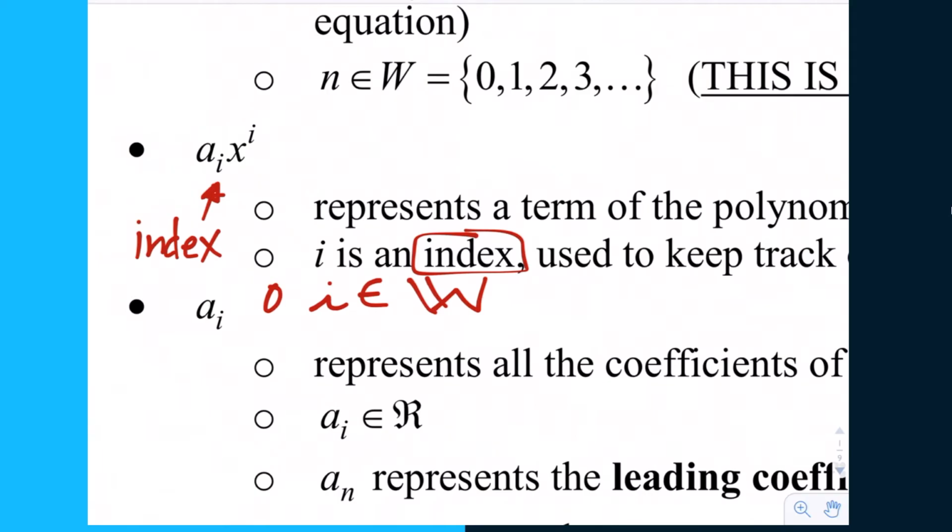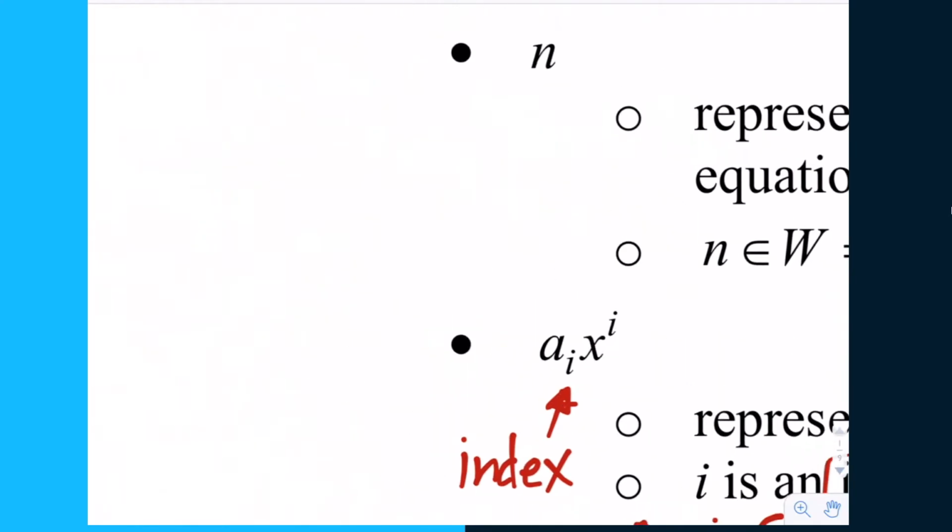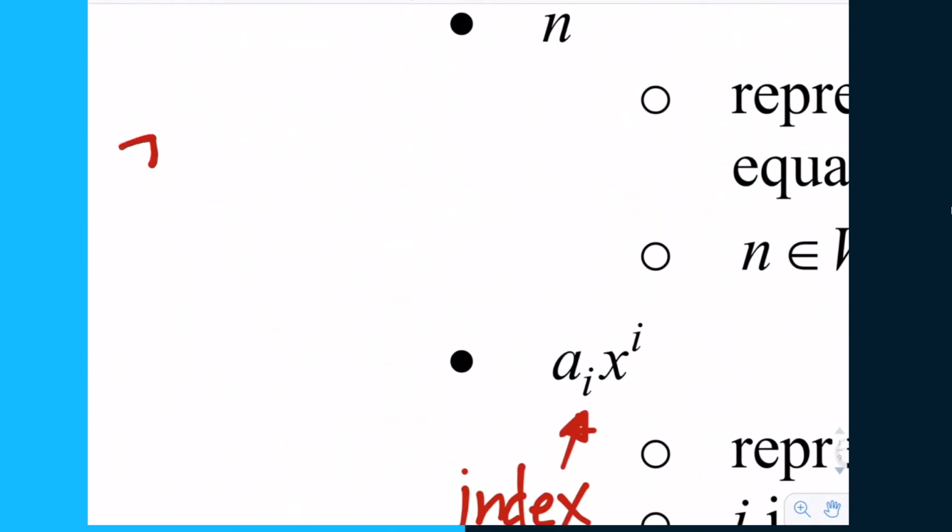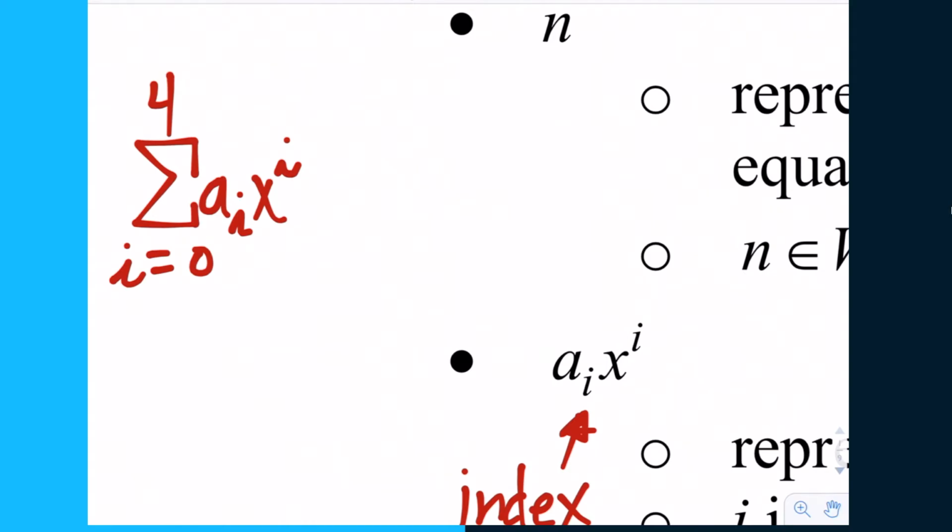Now, the reason that we use I as an index is because of this. And I'll show this to you now because first period was asking about it. This is the Greek letter sigma. We would write from I equals 0 to, let's say, 4 of a sub I x to the I power.